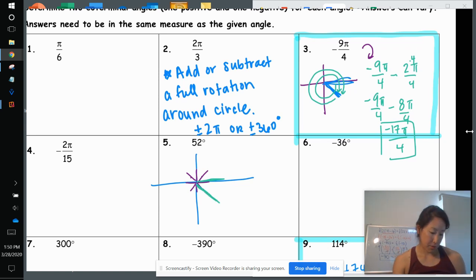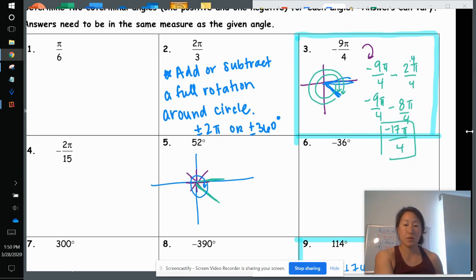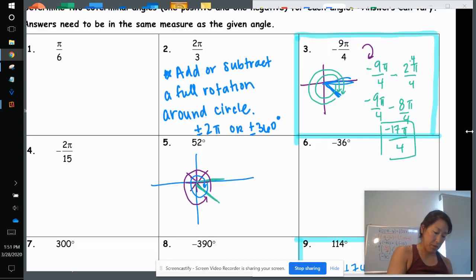And so I started off by going negative 1 rotation plus 1 extra wedge. This time, I'm going to add back, going in the counterclockwise direction, 1 full rotation. So I'm going to do negative 9 pi over 4 plus 2 pi, since I'm moving in the positive direction.